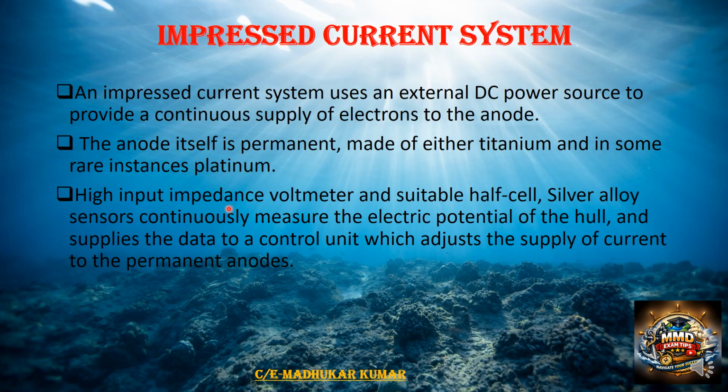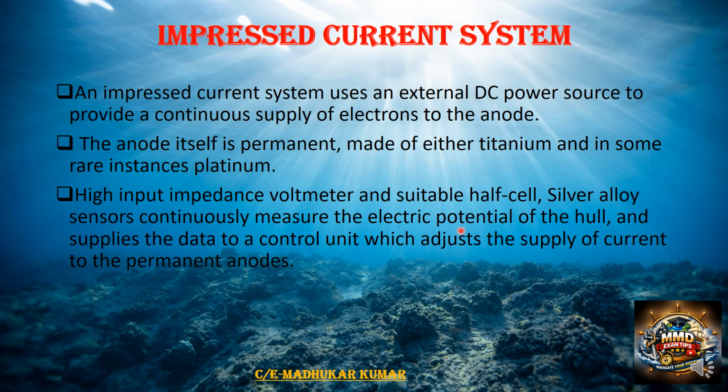A high input impedance voltmeter, suitably with silver alloy sensors, measures the electric potential of the hull. That is the reference cell, or you can say the reference electrode, which is continuously measuring the hull potential as it is changing.